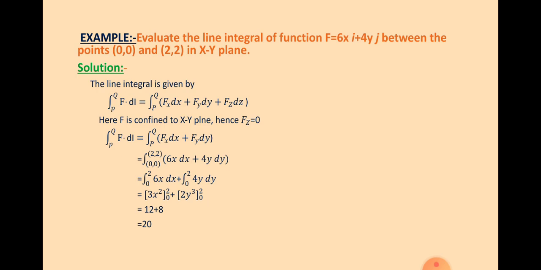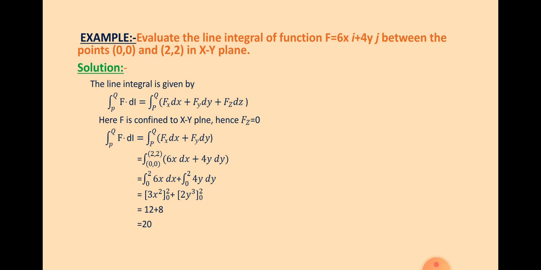We integrate only over the xy plane, so integral from P to Q of F dot dl equals integral from P to Q of Fx dx plus Fy dy. Here we substitute Fz equal to 0 in the above equation. The point (0,0) is taken as P and (2,2) as Q. Integral from (0,0) to (2,2) of 6x dx plus 4y dy. i means the dx direction, j means the dy direction.